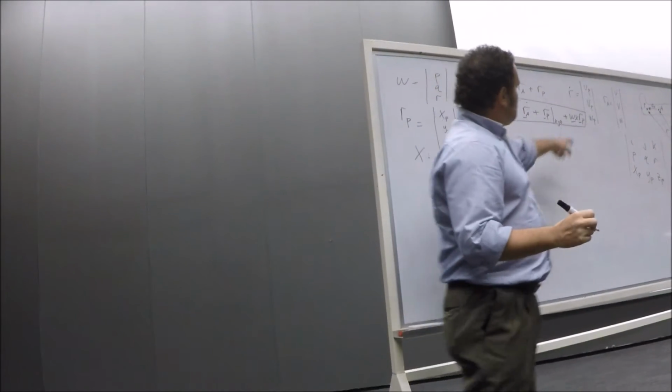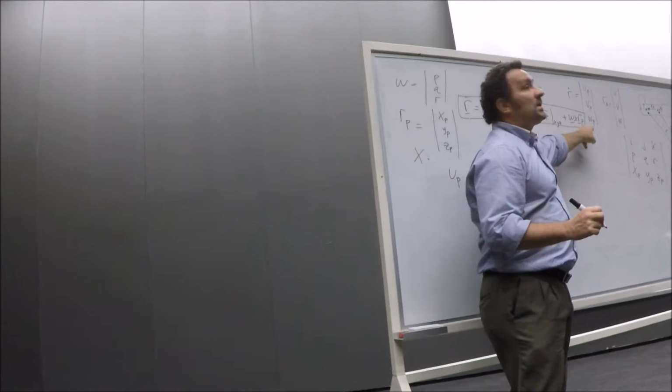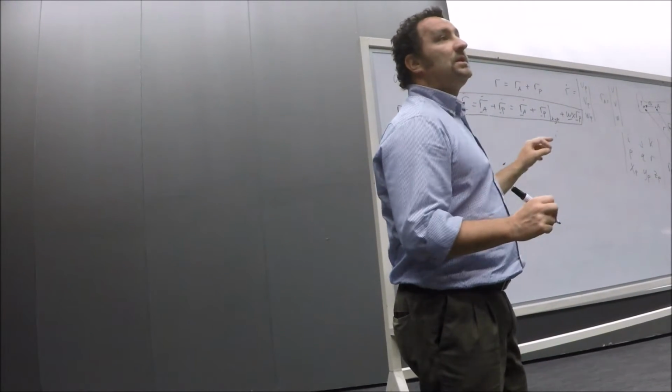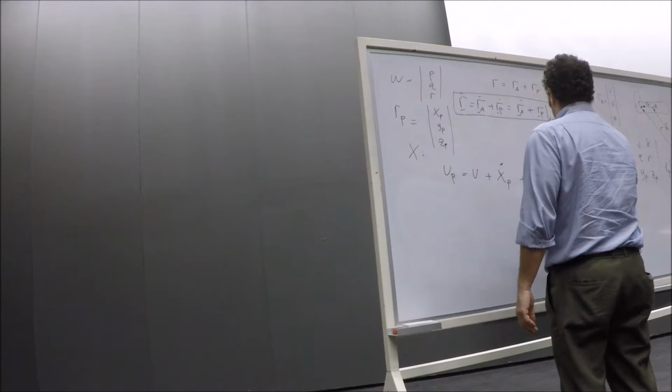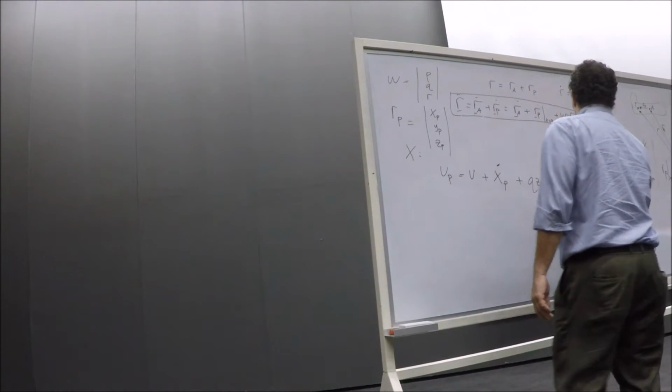And then we have plus the vector product omega vector rp only along x. So this is given by plus q zp minus r yp.